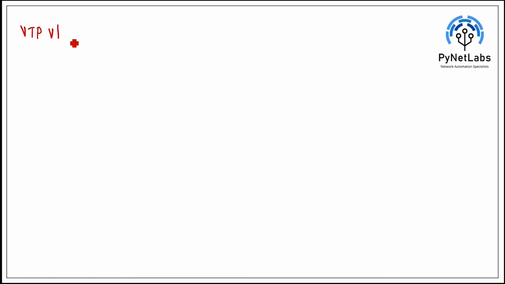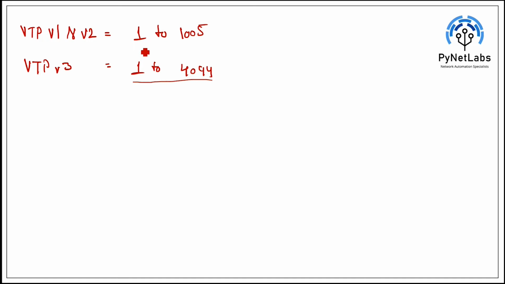Whenever we talk about VTP version 3, we will be using the extended VLAN concept, which allows the full range of VLANs, 1 to 4094. It is not that you cannot create VLANs 1 to 1005 on VTP version 3; you can configure from 1 to 4094.